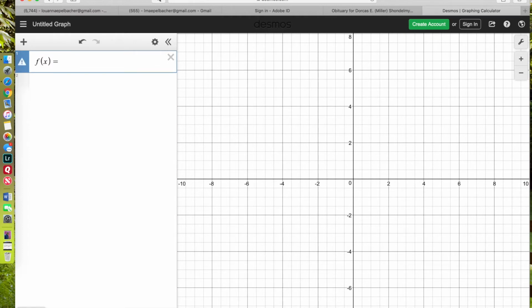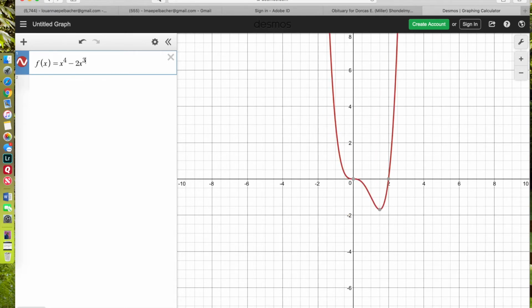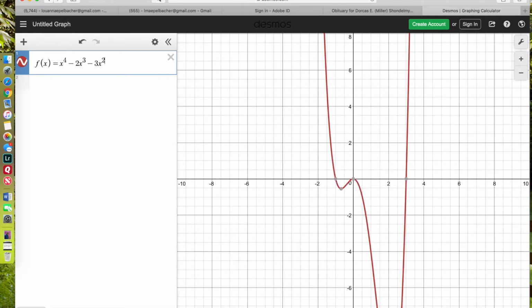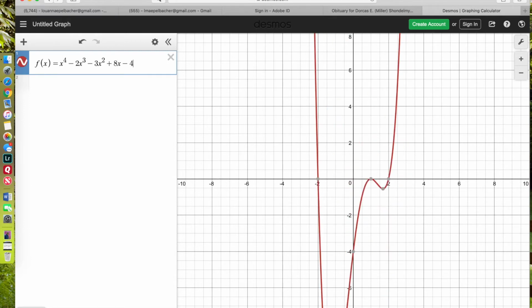We hadn't been doing that on the previous problems in this video, but for this one, because I want you to go back and graph other points, you'll need those ordered pairs. And the way you can get those ordered pairs is by starting the equation with f of x. So I'll type in f of x equals x to the fourth minus 2x cubed minus 3x squared plus 8x minus 4.